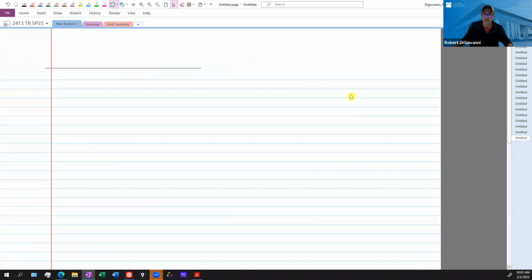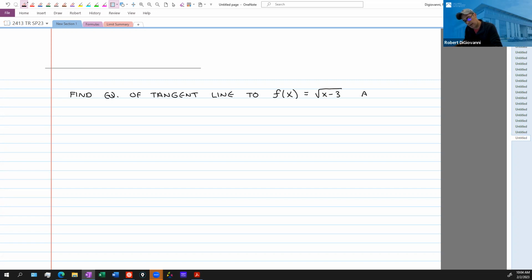All right, let's do another one. This time, find the equation of the tangent line to the function f of x equals the square root of x minus 3 at the point 4, 1.